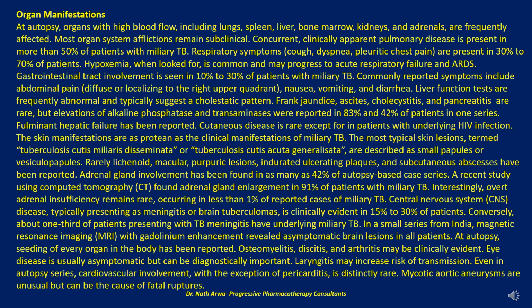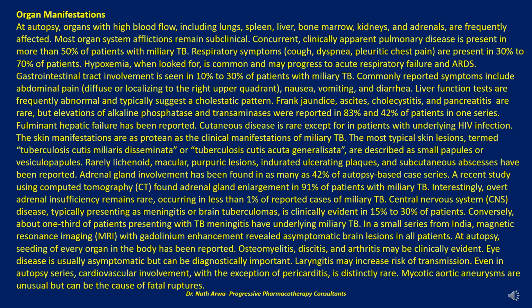Frank jaundice, ascites, cholecystitis, and pancreatitis are rare, but elevations of alkaline phosphatase and transaminases were reported in 83% and 42% of patients in one series. Fulminant hepatic failure has been reported.